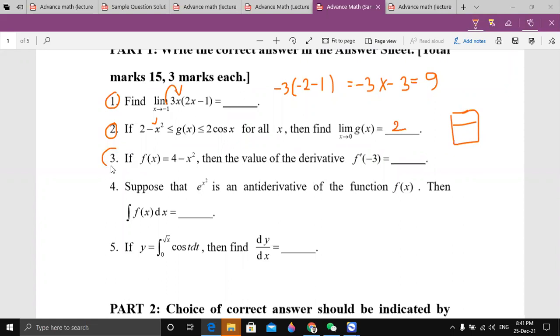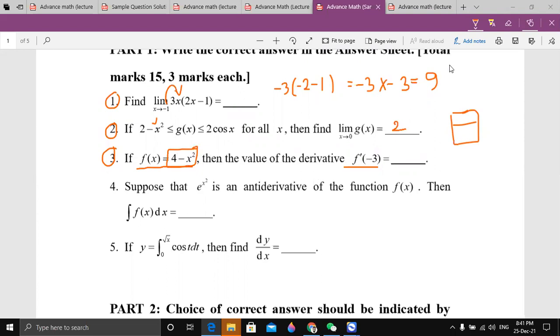So number 3, we have f of x is equal to 4 minus x square, then the value of the derivative f of minus 3 is equal to what? Firstly, you have to calculate the derivative.